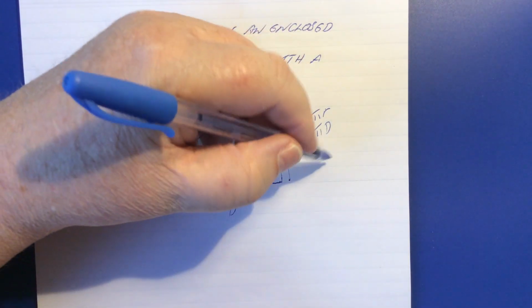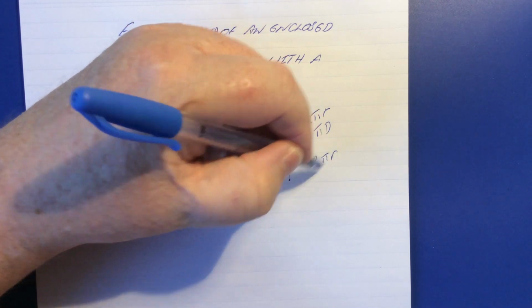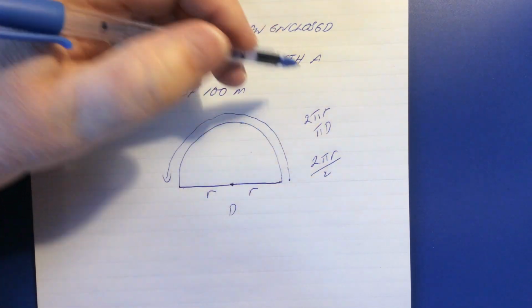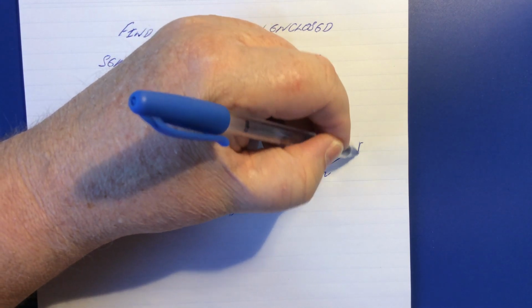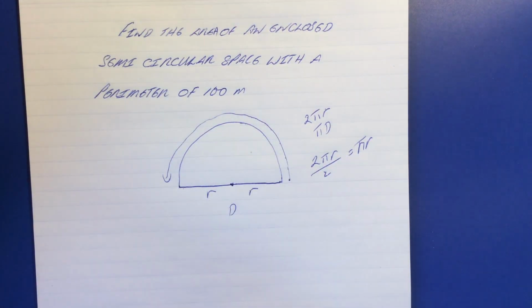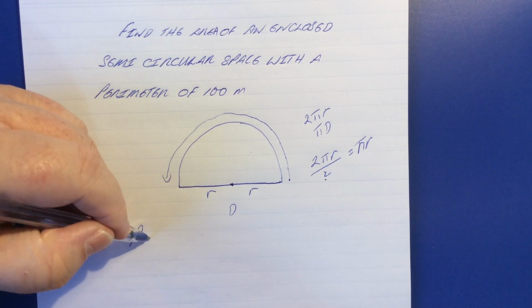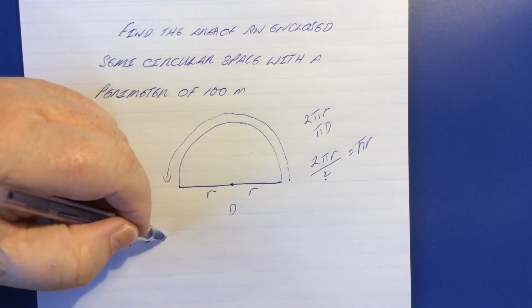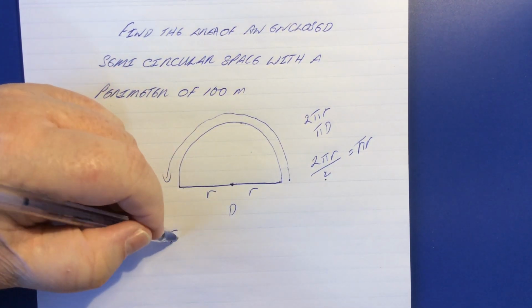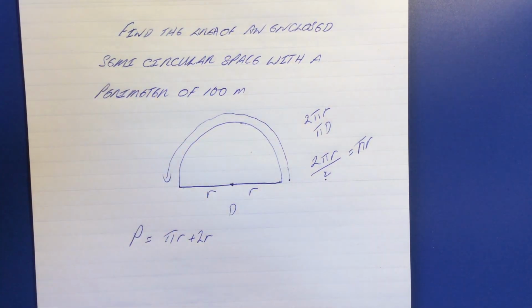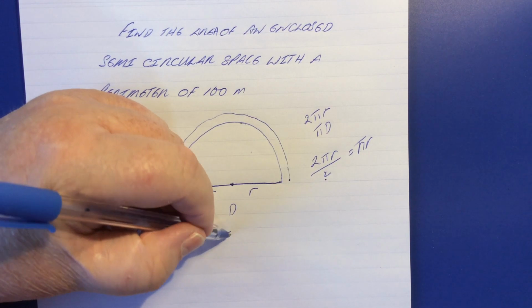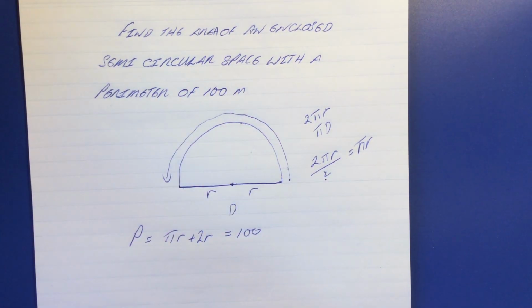Now we have half a circle, so our 2 pi r gets divided by 2, which means that we are looking at pi r. 2 divided by 2 is 1. Half of 2 pi r is pi r. So the perimeter of this thing is equal to pi times r plus 2r, these two things here, and that in turn is equal to 100.